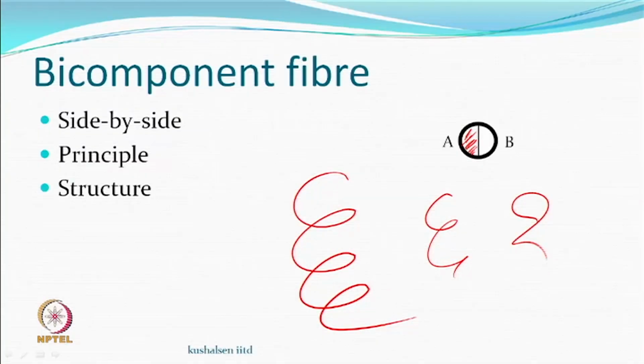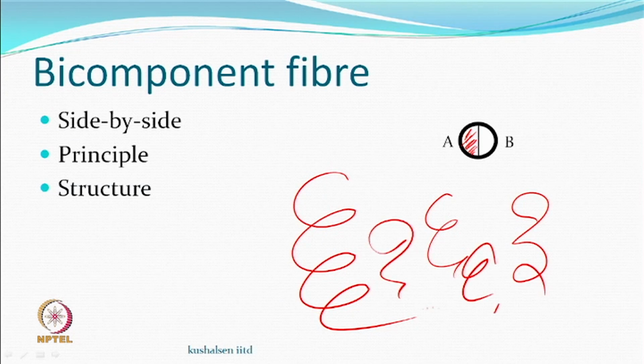But they would cut it into staple and then use it, and they said, oh, this looks like a crimp. So, one fiber, the other fiber, and so on and so forth. So, they made the yarn.